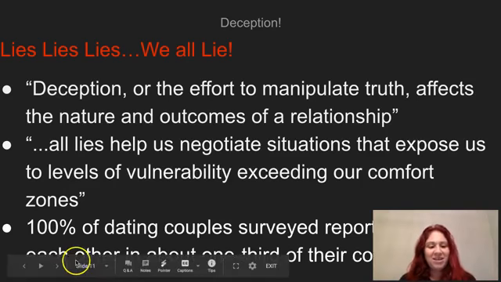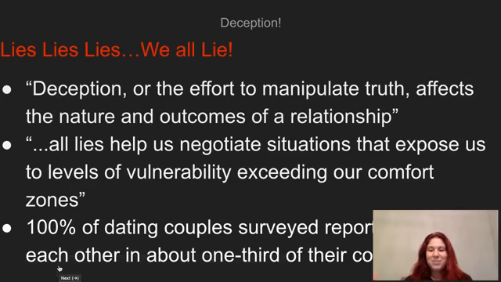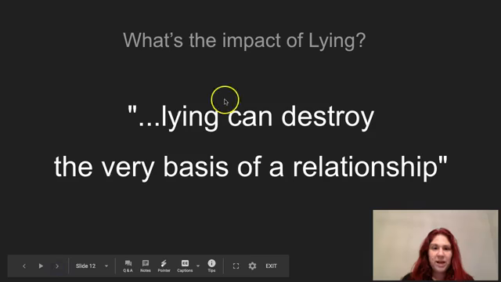Some of us lie more than others, and there are all kinds of lies: big ones, small ones, white lies, everything in between. But either way, the point is that anything you lie about is not the truth. So it really impacts trust, no matter which way you spin it.